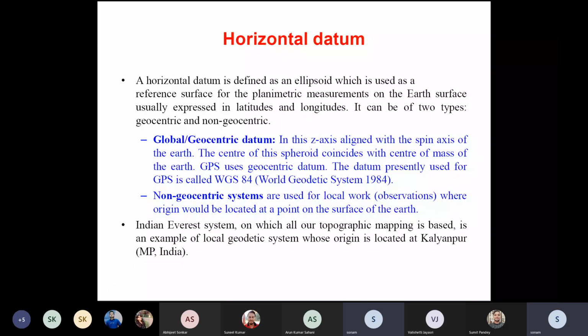In the year 1960, this WGS 60 was given by the United States Defense Mapping Agency for mapping and charting purposes.